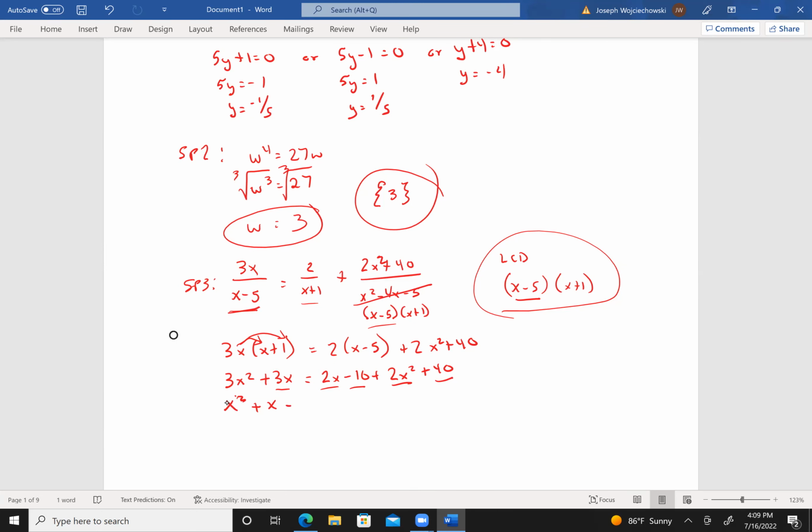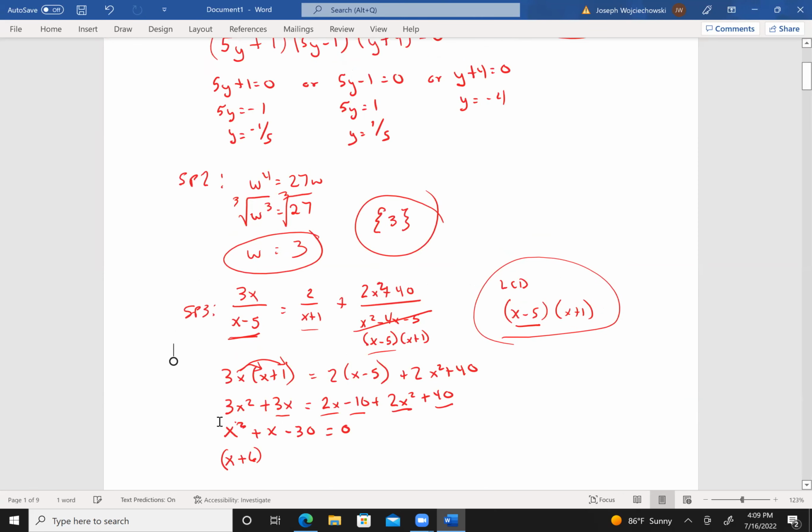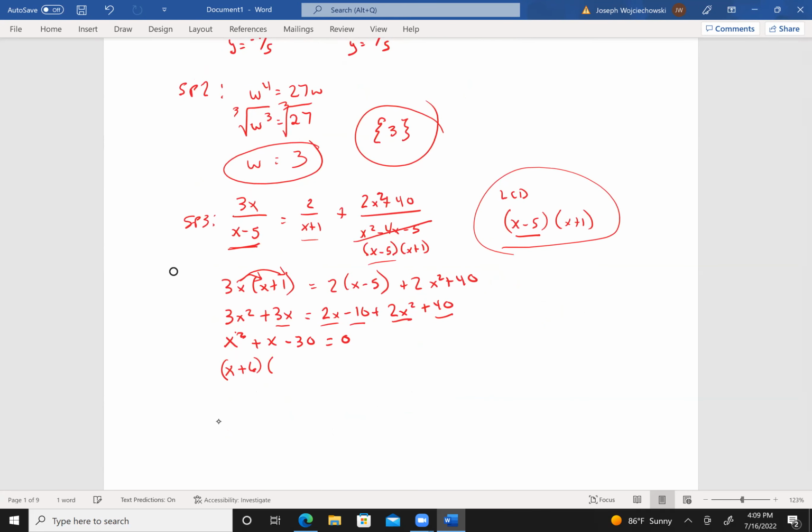When I subtract it, minus 30 equals 0. And factoring, I get x plus 6 times x minus 5. So x plus 6 equals 0, or x minus 5 equals 0. x equals negative 6, or x equals 5.